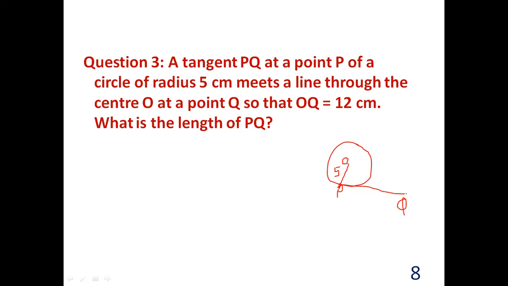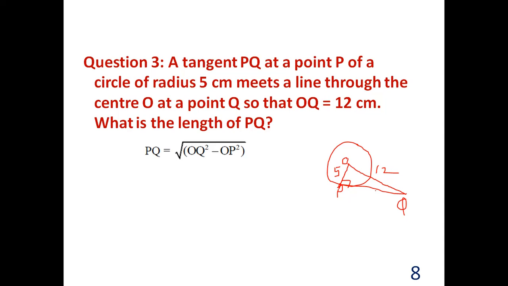We have to find what? OQ is given already. That is 12, and of course this is a right angle because the tangent is perpendicular to the radius through the point of contact. We need to find the length of tangent PQ now. How to find this? Simple. You have to apply Pythagoras theorem because it's a right triangle, two sides are known to us.